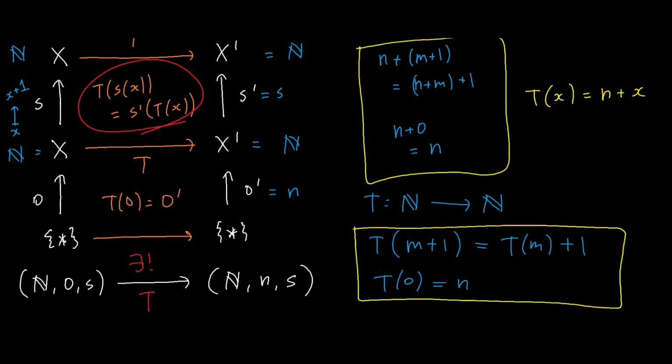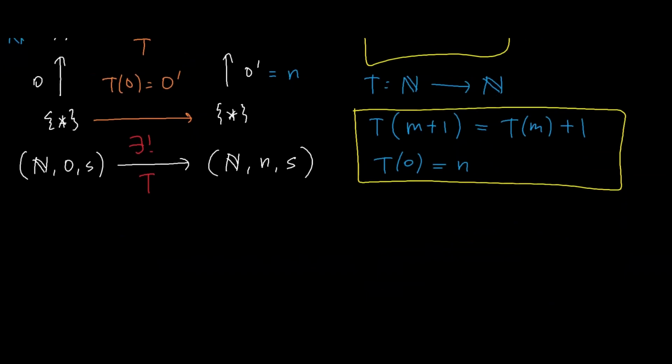Because look at this. We're saying what T of 0 is, and we're saying what T of every next number is in terms of T of the previous number. And we know that if we do this, then it will define T uniquely, right? Because if we know what T of 0 is, what will be T of 1? Well, we said that T of every next number must be the next after T of the previous, right?